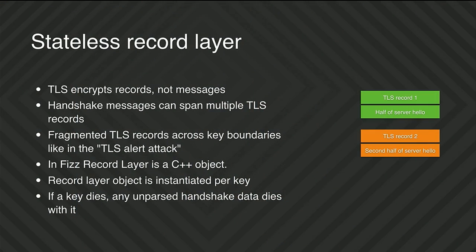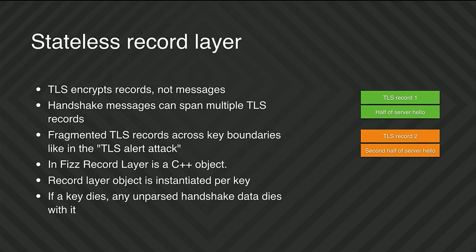Another class of attacks on TLS is messages spanning record layers. Normally you don't want messages to span record layers, because an attacker could inject a plain text message which would influence your later interpretation of the message. A class of attacks is the alert attack, for example on OpenSSL. The classic misconception about TLS is that TLS encrypts messages. But actually, TLS does not encrypt messages. TLS encrypts records, so a message can span multiple records.